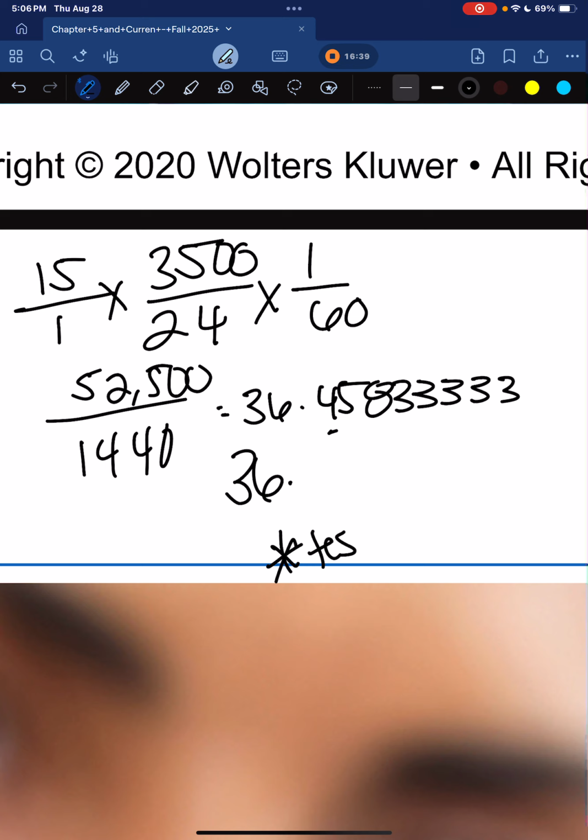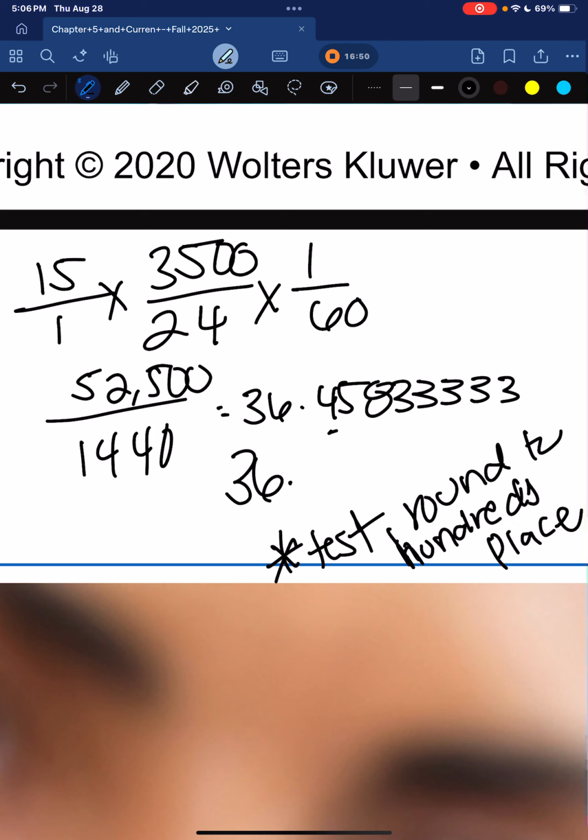Unless you have a problem that you have to round to a whole number for, like when I'm asking you how many drops per minute. If you give me a fractional drop that's rounded to the hundredths place, you'll be wrong, because you can't give a partial drop, right? But I'll remind you of that before the test.